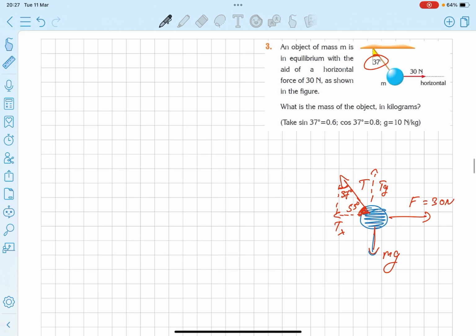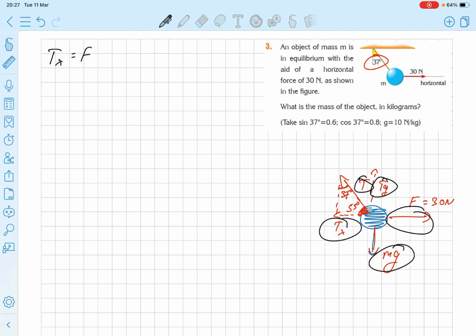So let's calculate it, yeah? What is the mass of the object? That means in order to define this mass, we have to know the weight. To know the weight, we have to know tension by Y. To know it, we have to know the tension itself. To define the tension, we have to know tension by X. So we start from tension by X. Tension by X is equal to F, because they have the same values to stay in equilibrium, yeah?